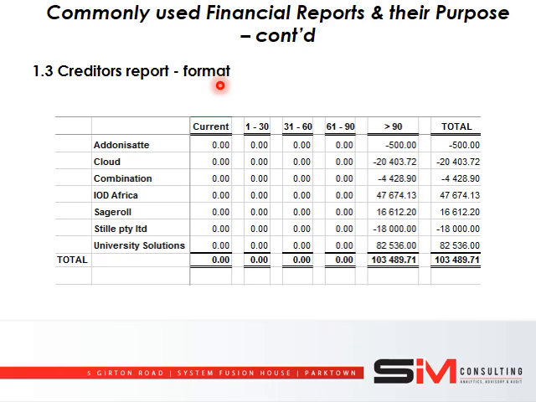So you can clearly see you've got the names, you've got the amounts that you owe your suppliers, and you've got a period in which you owe these suppliers.